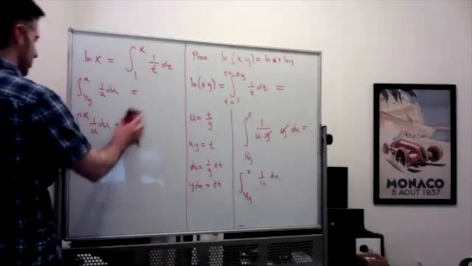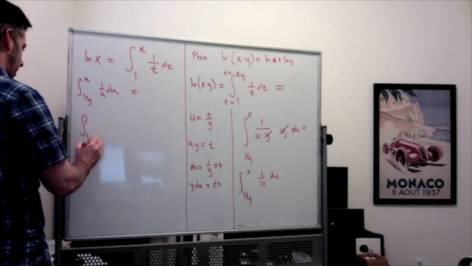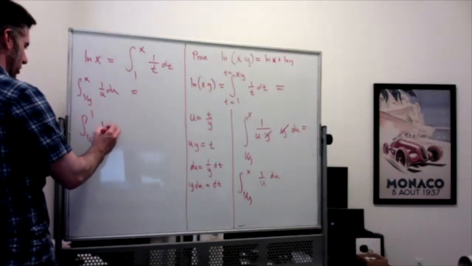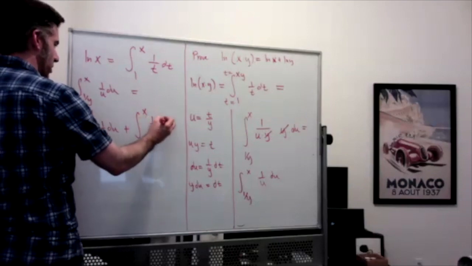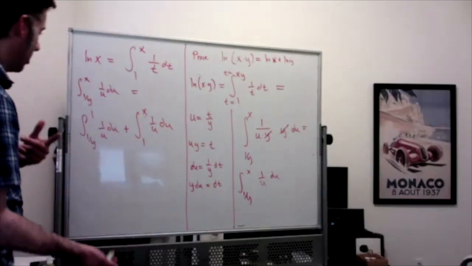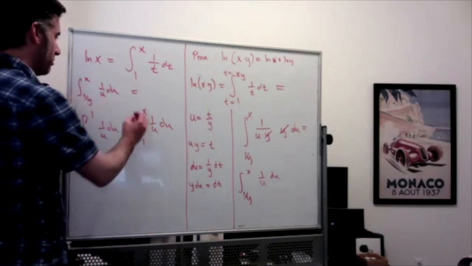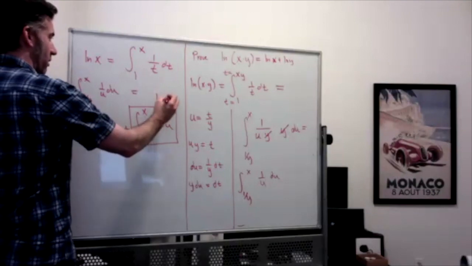Sorry, I'm doing that completely wrong. The integral from 1 over y to 1 of 1 over u du plus the integral from 1 to x of 1 over u du. We're just breaking it up at 1. All right, this one, the integral from 1 to x, is the natural log of x.